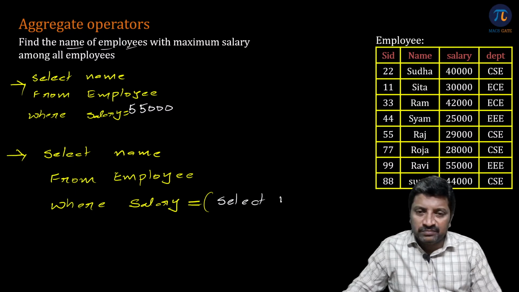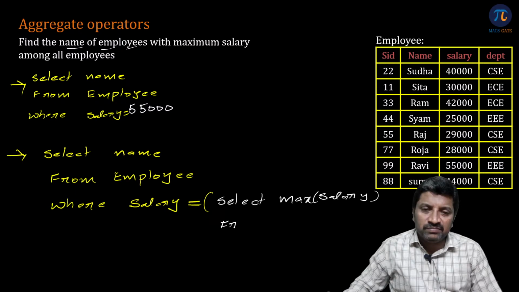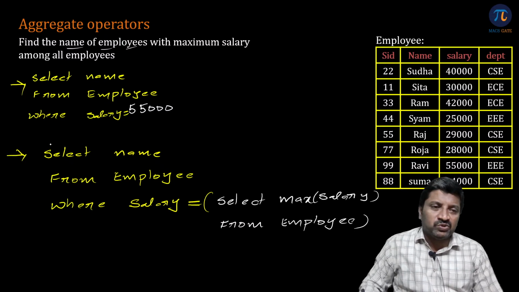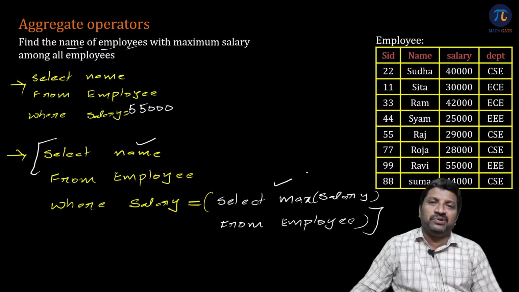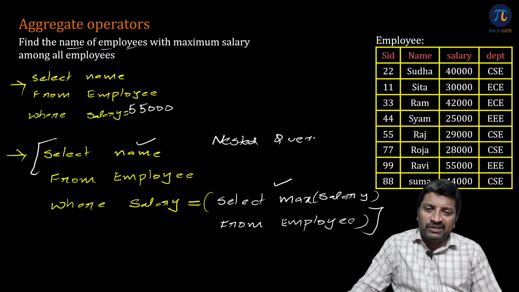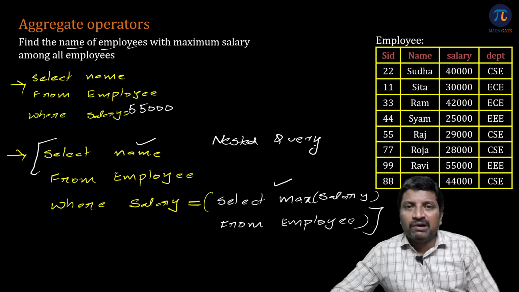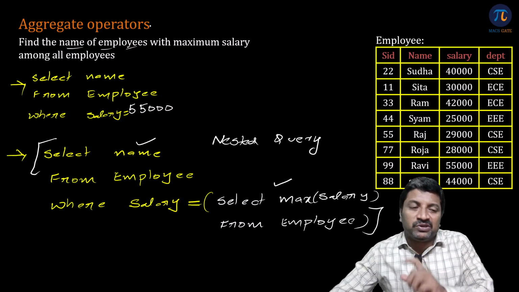Select maximum of salary from employee. Hope you understood it. So this is the query. In one query we have another query, which is called a nested query. To find the maximum salary, we need to write one query. By using that query, we can find the details of the employee who is getting that particular salary.